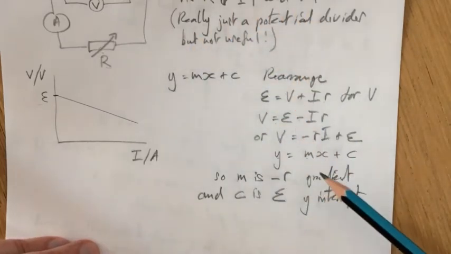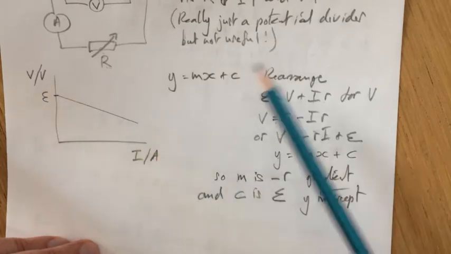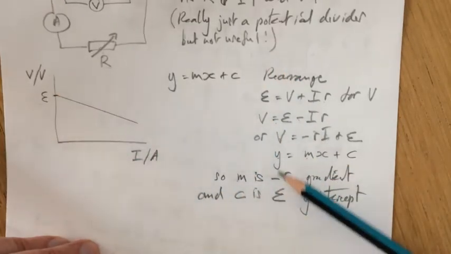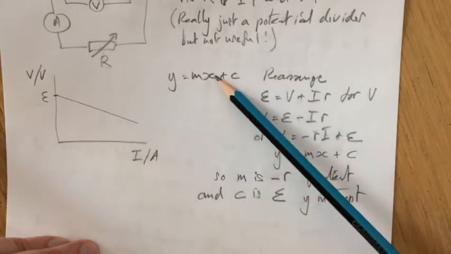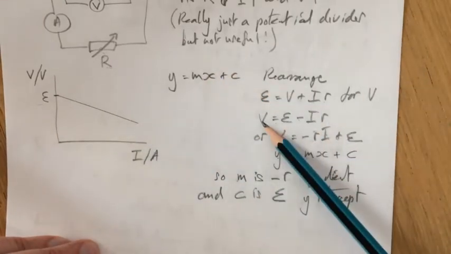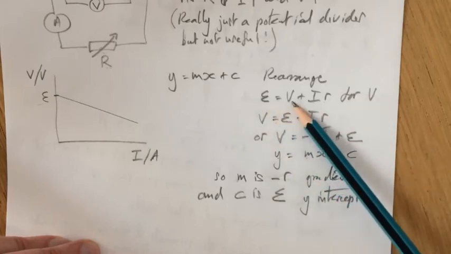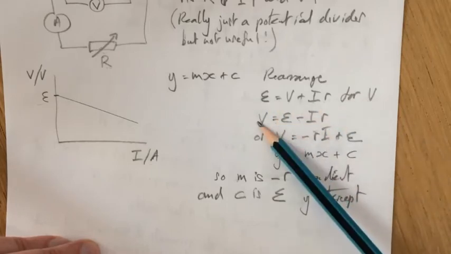You'd get a graph like this. You'd plot V on the y-axis and I on the x-axis, and then a straight line graph, y equals mx plus c. Rearrange E equals V plus Ir for V, you get this.